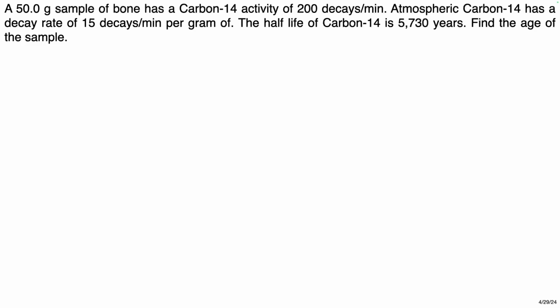We start with a known rate, we end with a known rate, we can figure out how much time has gone by for it to decay to that point. This is the essence of radiometric dating, and we're going to use the example of carbon dating to do this.